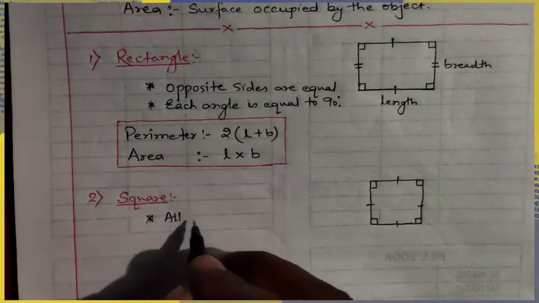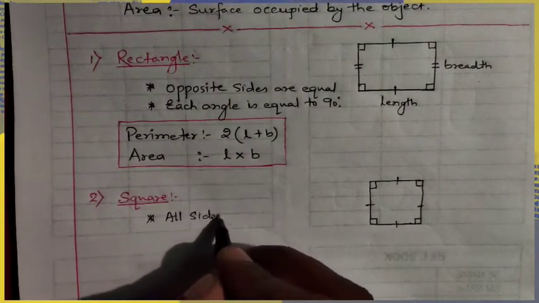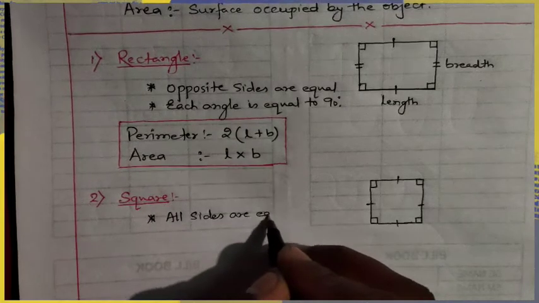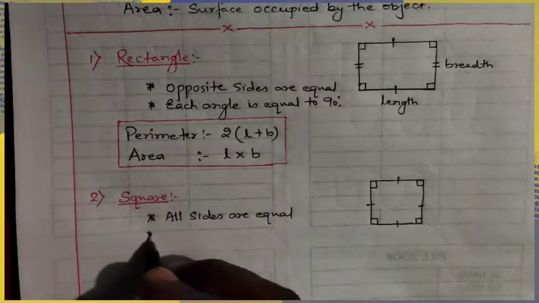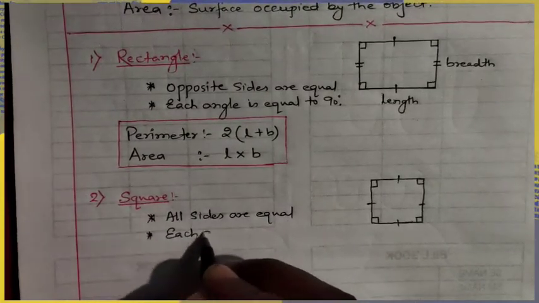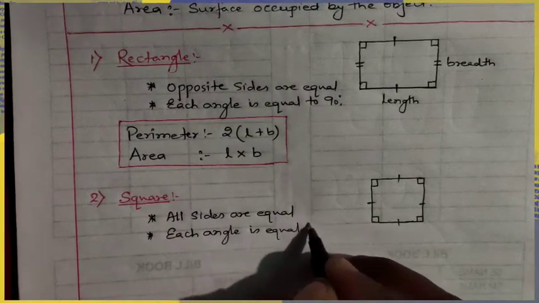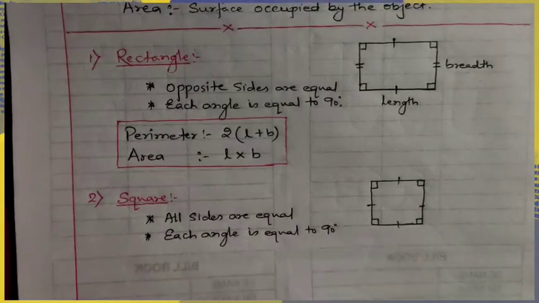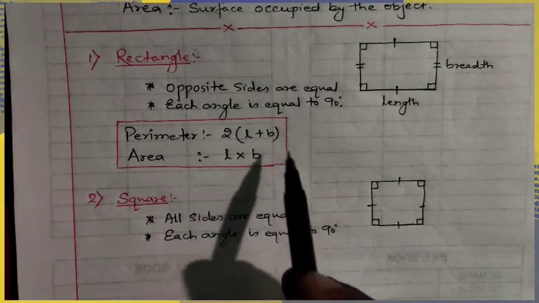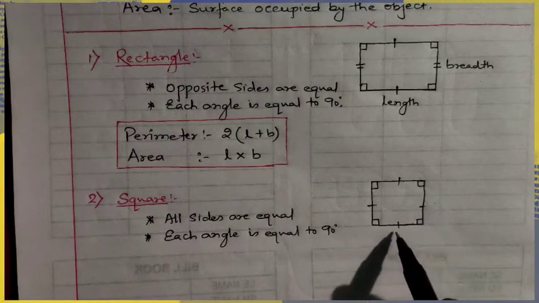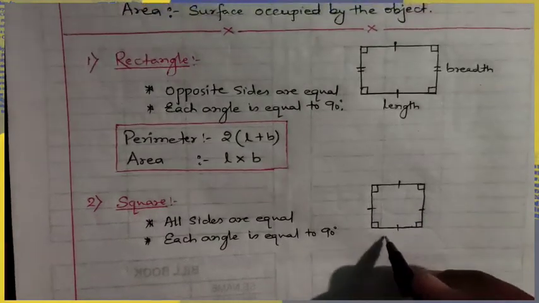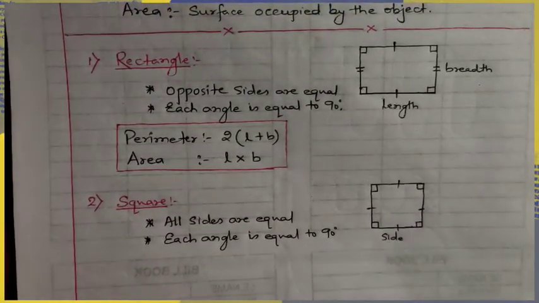I am writing the key point: all sides are equal and each angle is equal to 90 degrees. Here the condition for length and breadth is not there, since all the sides are equal. They are represented by the name side.